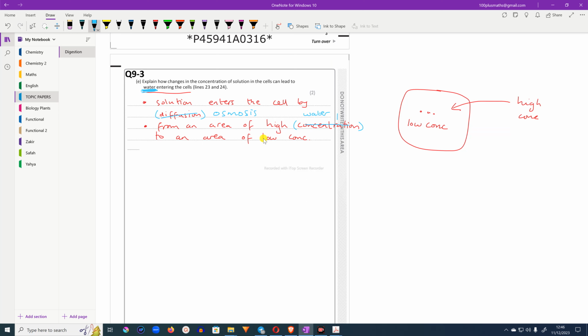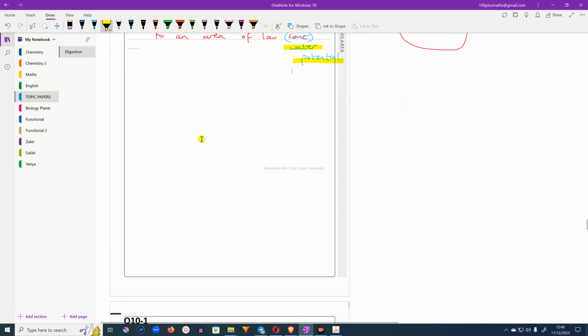Water potential. Let me write this word here. Potential. To an area of low, not concentration, but low water potential. That's it. Right. I thought it was just diffusion, but it's water. And when it comes to water, you need to use the word osmosis. And it's better to use an area of high water potential to an area of low water potential. Good. Right. Okay. Let's move on.